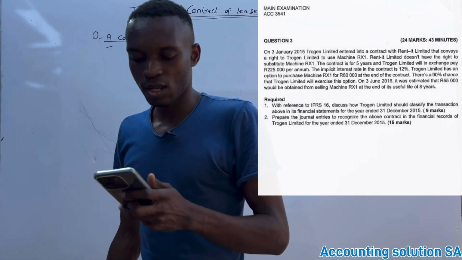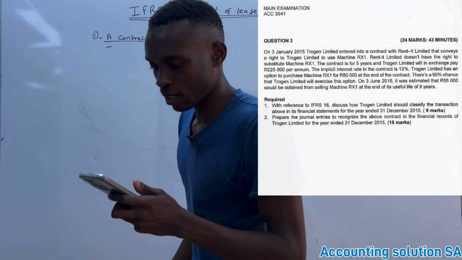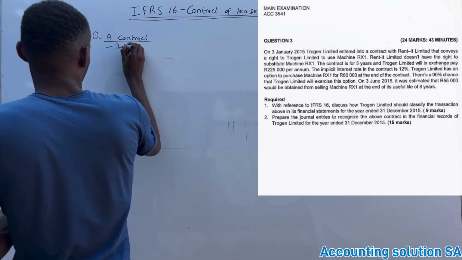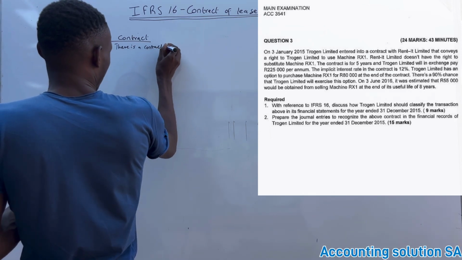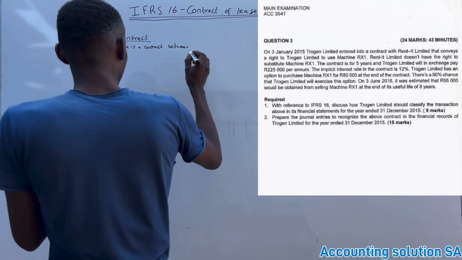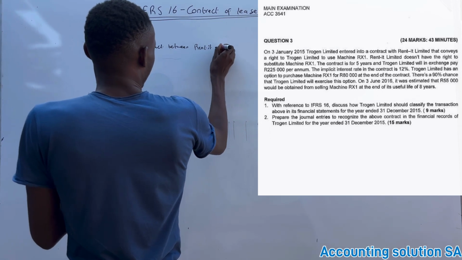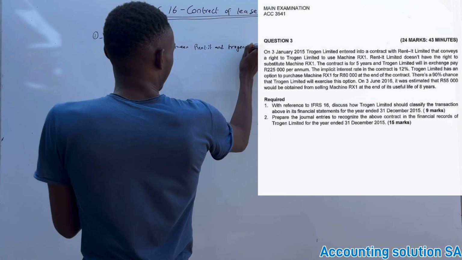They agree that one is giving another a machine and one is going to use the machine. Yes, we are going to say it. There is a contract between Rent It and Trojan Limited.